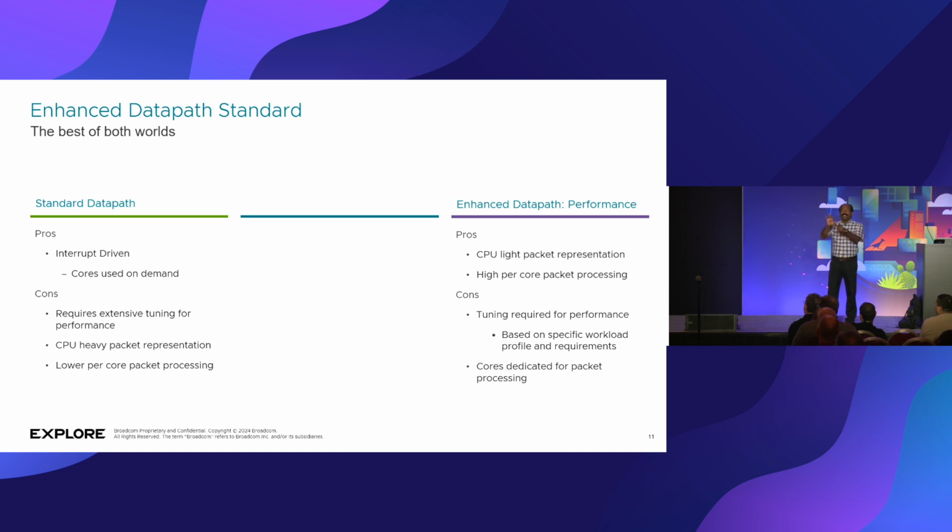This is a one-time decision when you configure. Of course, you can change it later, but it's not dynamically changed. And once you set, let's say I want to use 4 threads, then you are stuck with these 4 threads. And it's not just the 4 threads, but it's actually the physical cores. So if you have hyperthreading enabled, you're burning both of those threads on that core for packet processing.